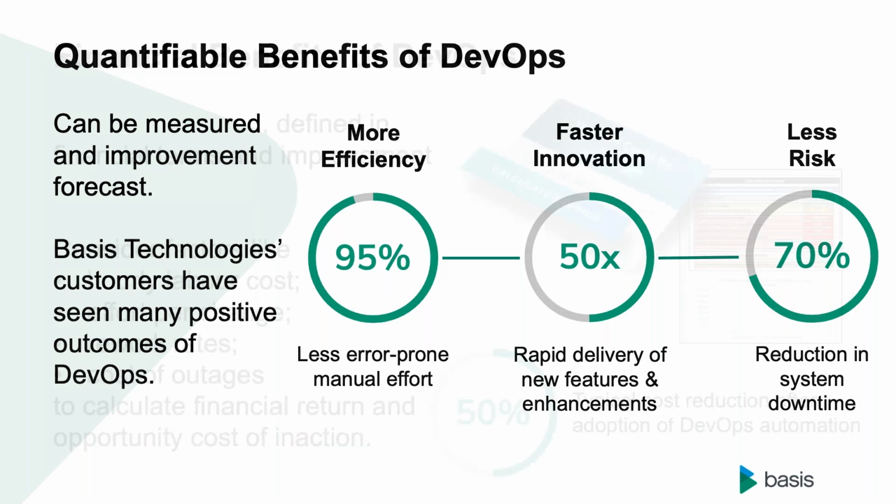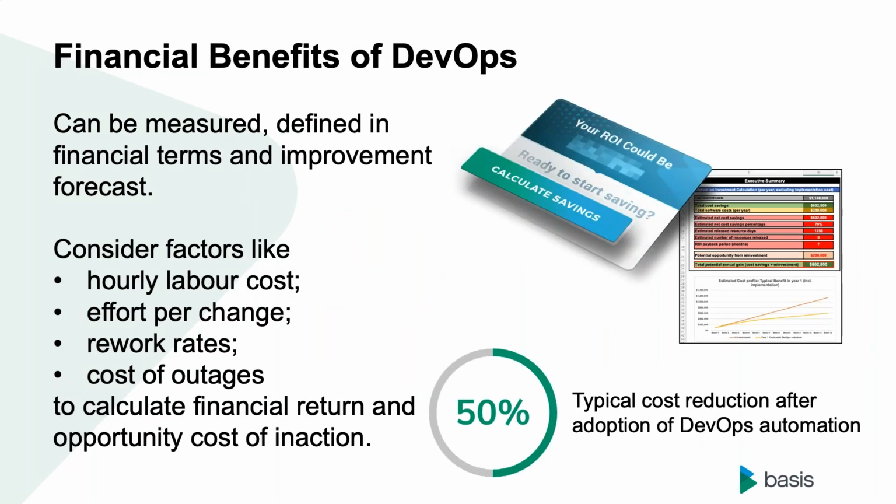Now, finally, the holy grail, and certainly where your CFO would be looking, is the financial benefits of DevOps. So how do you translate or convert some of these quantifiable improvements into cost reduction, rework elimination, cost of outages reduction, so that at the end you're able to convert these into a financial return on investment, net present value.